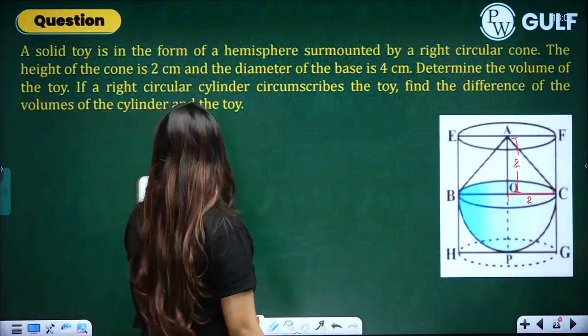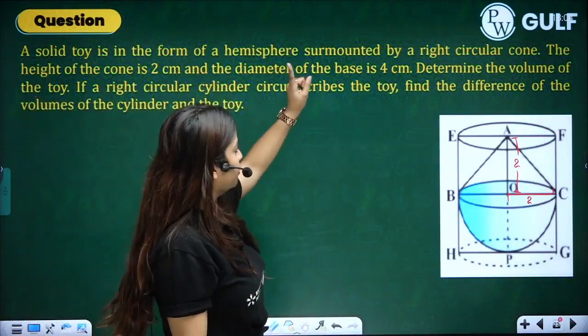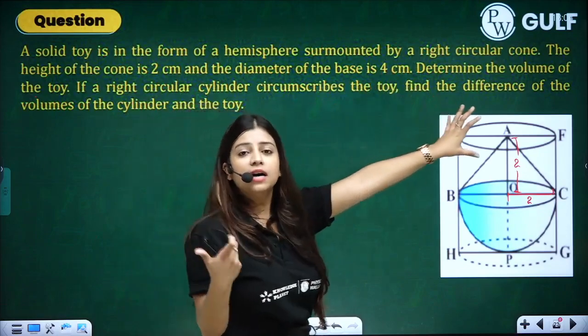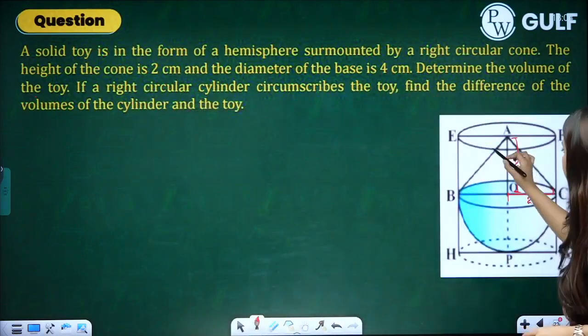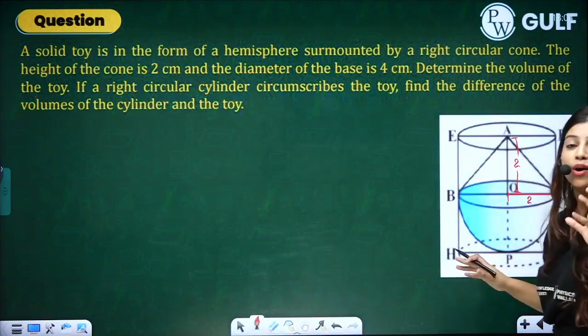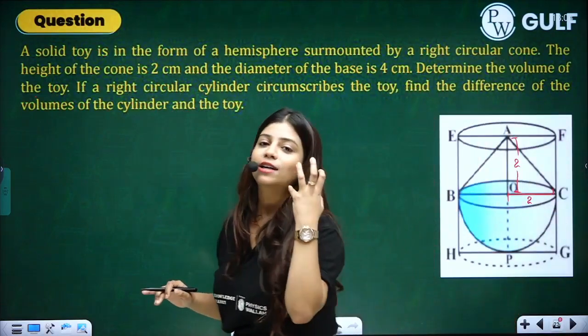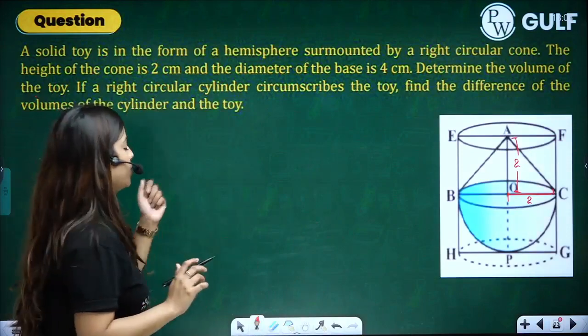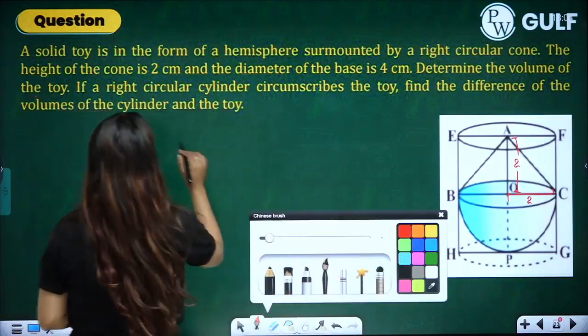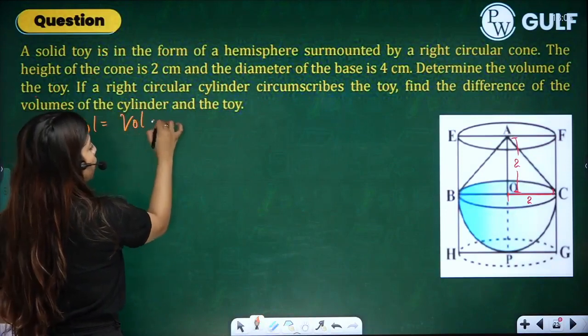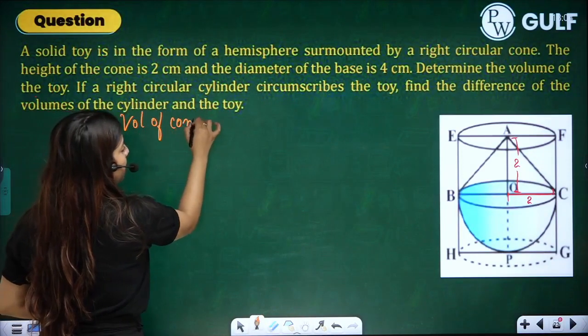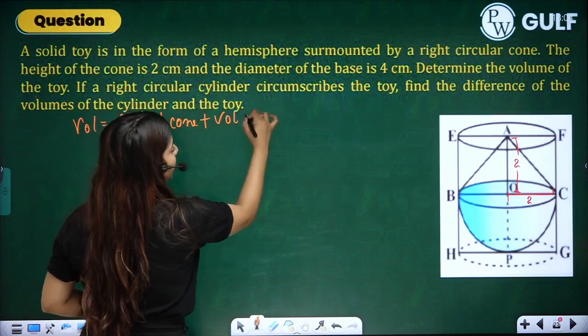Alright. So first of all, the very first task is to calculate the volume of the toy. This is the toy that is inside, which is a combination of a cone and a hemisphere. So volume of the toy, students, will be equivalent to volume of cone added to volume of hemisphere.